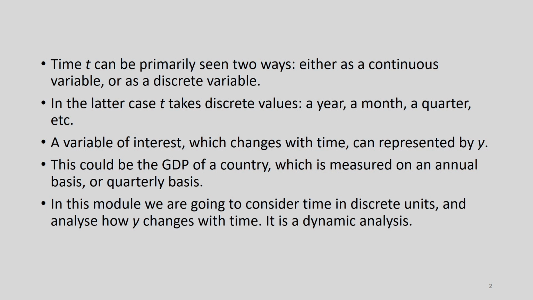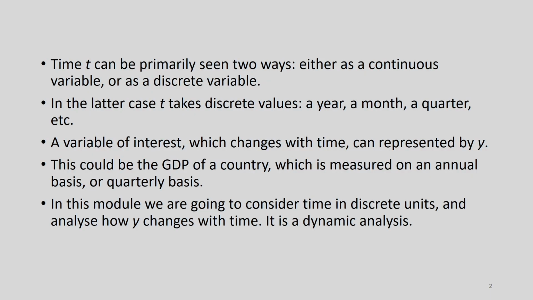Suppose 0 to 1 is the interval, then t can take any possible value within 0 and 1. But we are talking about discrete time. In the latter case, that is the discrete time, t takes only discrete values. It could be a year, a month, a quarter, etc.